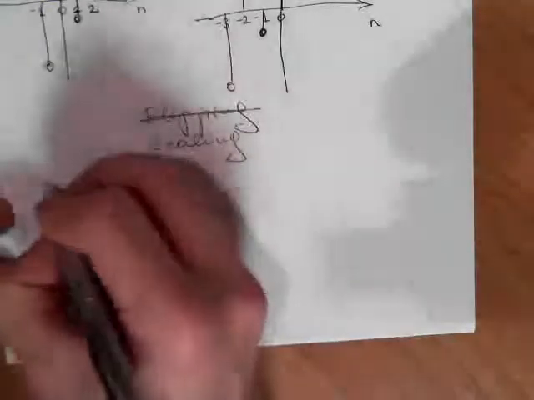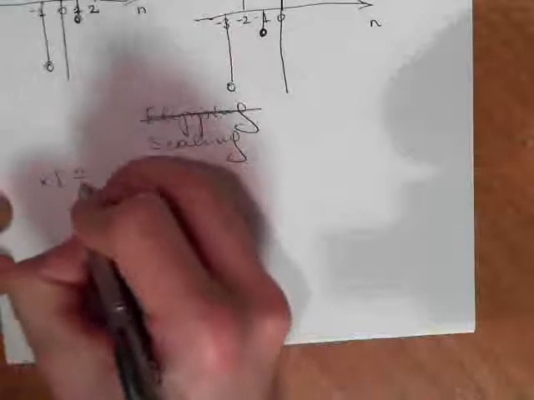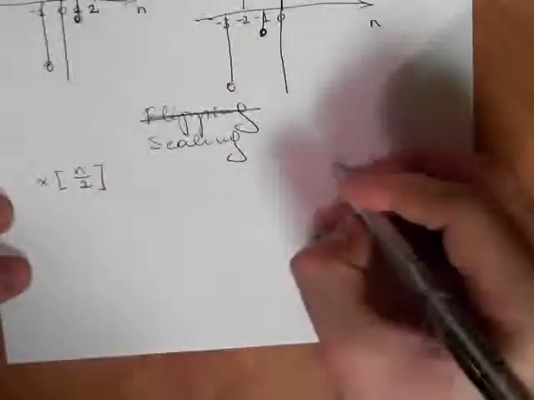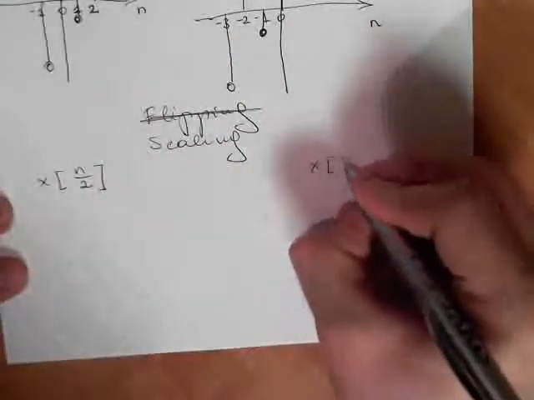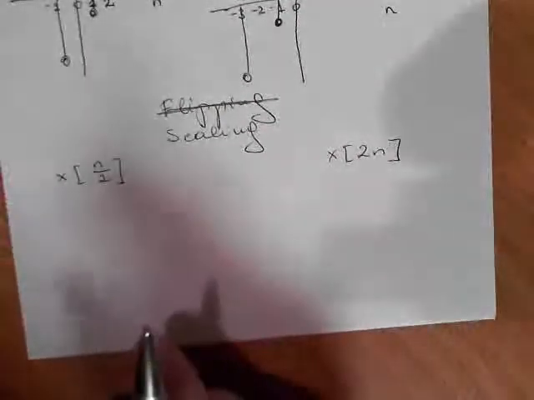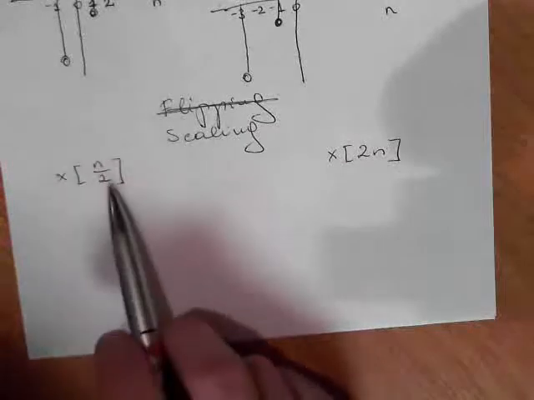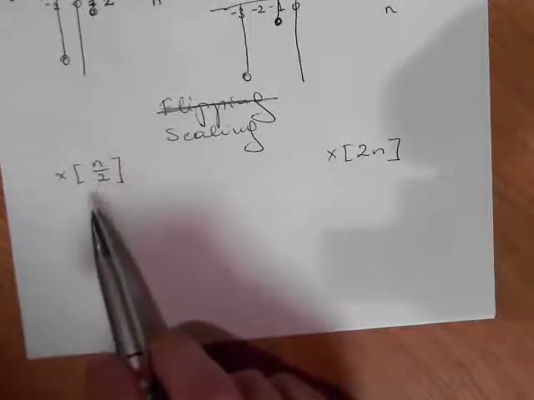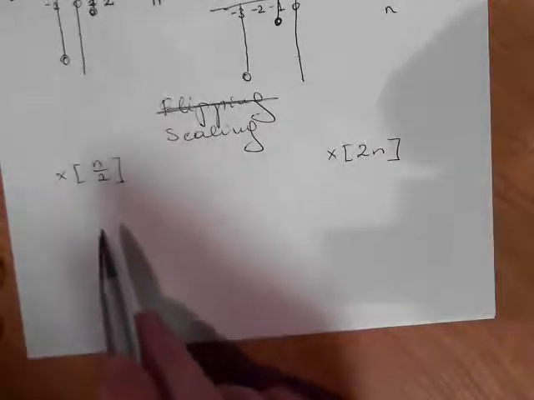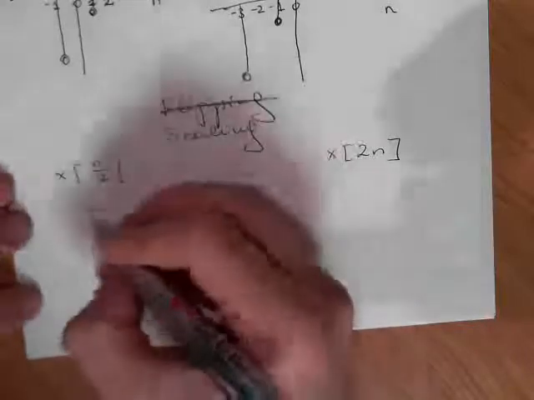One situation is x n divided by 2. Another situation is x 2n. So the first situation, n divided by 2, although it's written that we need to divide, we need to expand the signal.